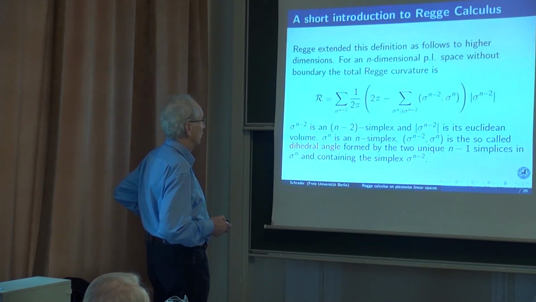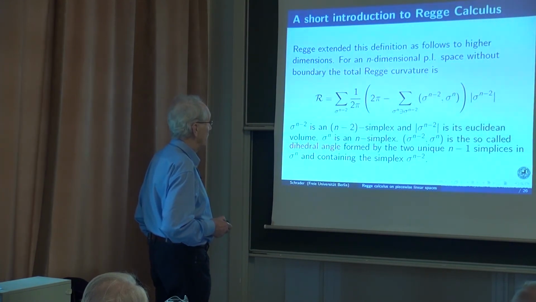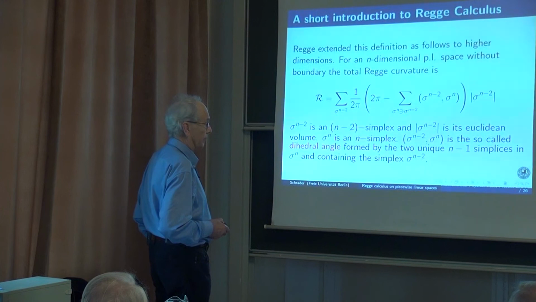These are so-called dihedral angles. So you look at an n minus 2 simplex, and then you sum over this. You have a factor of the volume. Here you have 2 pi minus a sum of dihedral angles. You look at all the n simplices that contain this n minus 2 simplex, and then you sum over them.